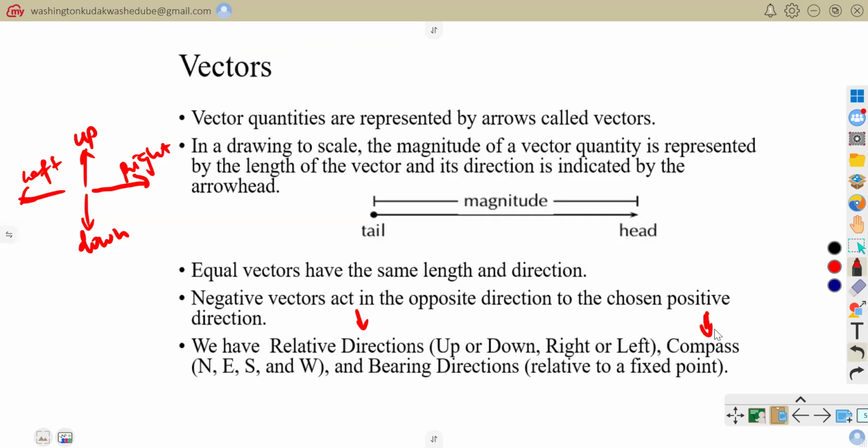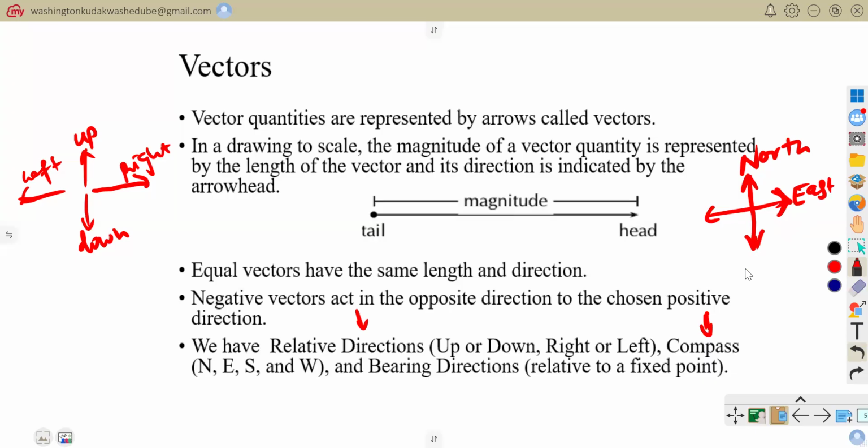When you represent your direction in terms of the compass, when you actually take your compass it will be more like this. This arrow that points up, we refer to it as north. That is the northward direction. The arrow that points towards the right, we call it east. This is the eastward direction.